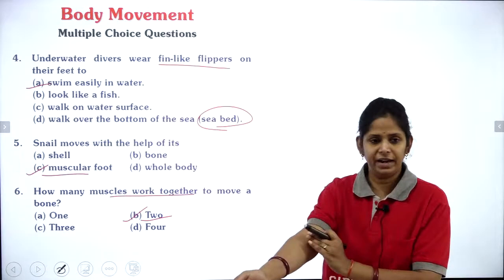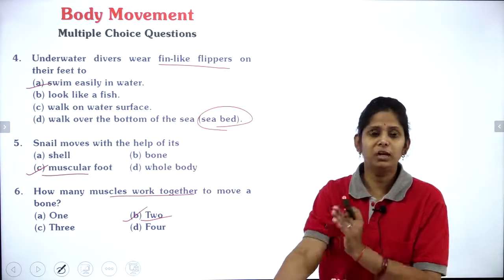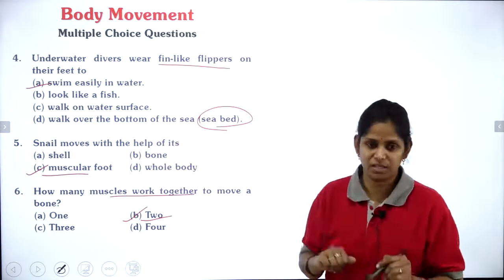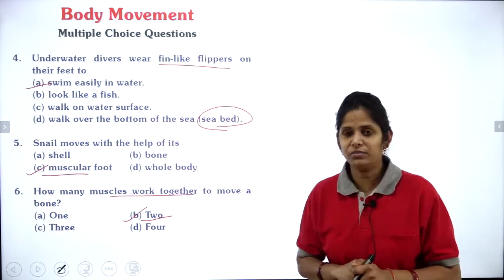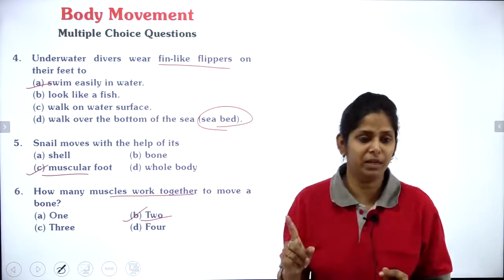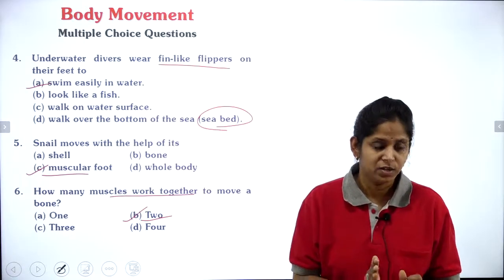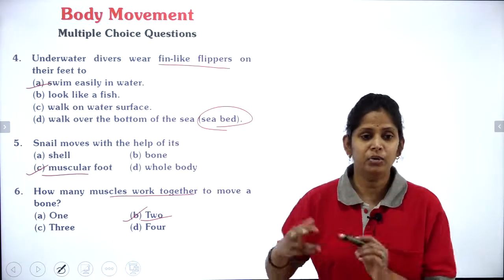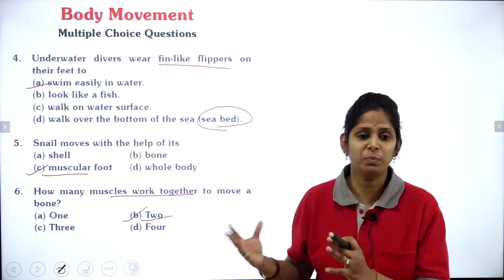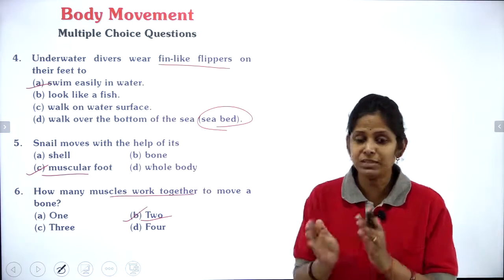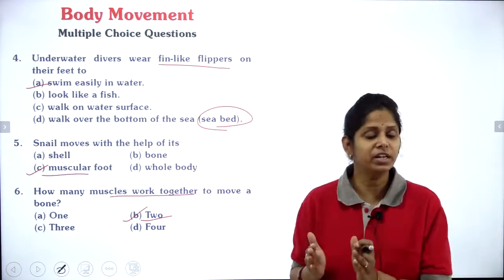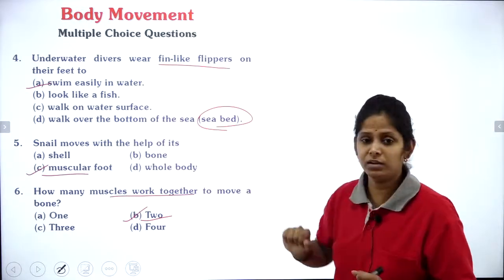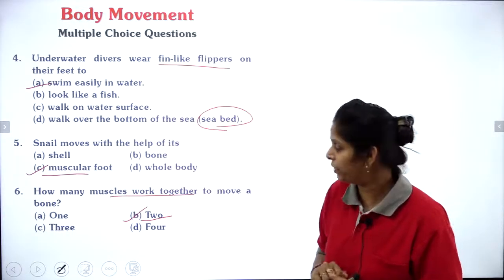In our hand, one pair of muscles is present, called biceps and triceps. When one muscle of the pair contracts, at the same time the other muscle of the pair relaxes and expands. Because of this relaxation and contraction of the muscles, a bone can move.